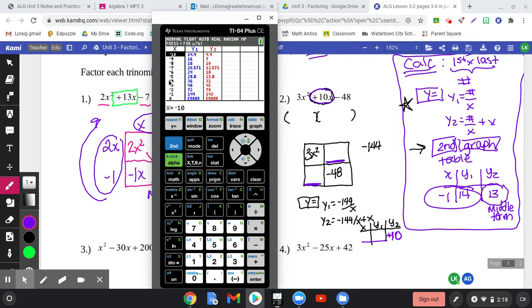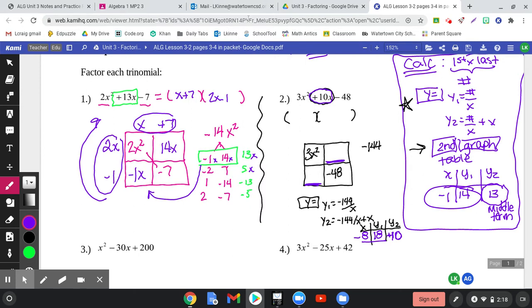These are all different ways you can multiply to get negative 144. And we're looking for positive 10. You're looking for that middle term. And right here, negative 8 and 18. All right, so those are going to be the two numbers we put in these two boxes.